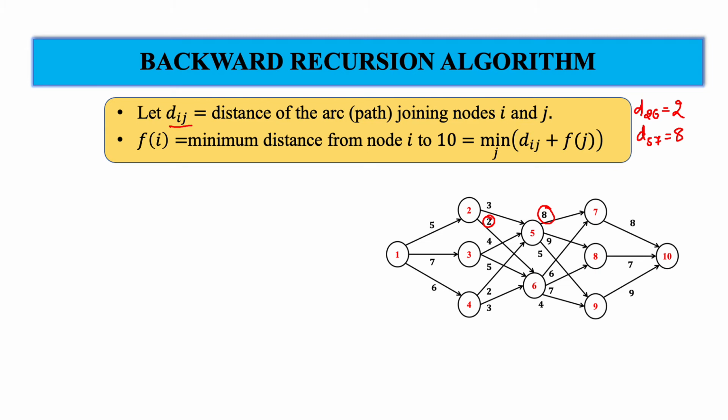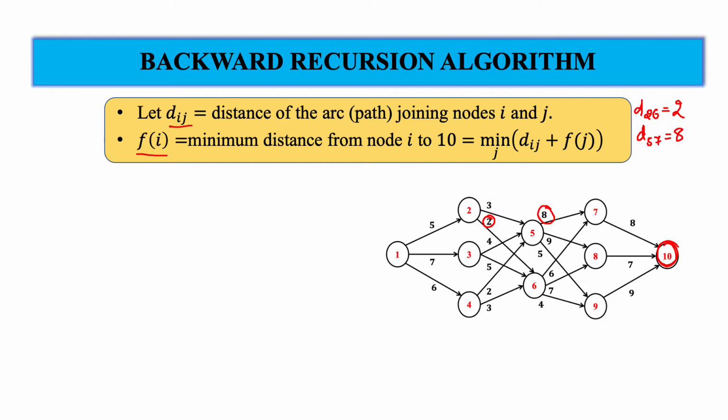Now what is Fi? Fi is the minimum distance from any node i to node 10. So in general way you can write minimum distance. Suppose you want to find out from 5 to 10. So there are three cases. You can go from 5 to 7, 7 to 10, 5 to 8, 8 to 10, 5 to 9, 9 to 10.